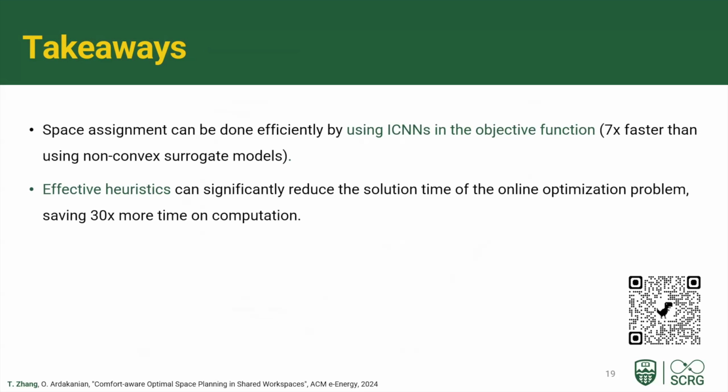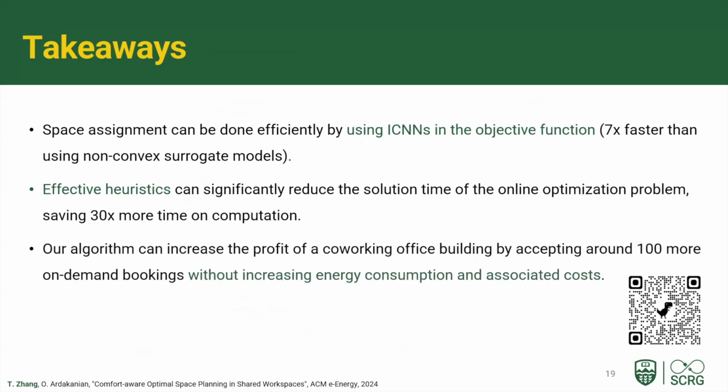The third is that our algorithm can increase the profit of co-working office buildings, and we can accept 100 more people with similar levels of energy consumption and thermal comfort.